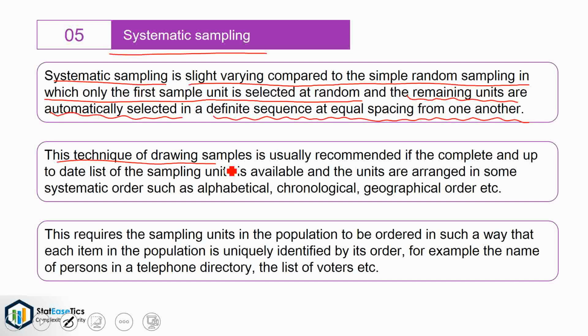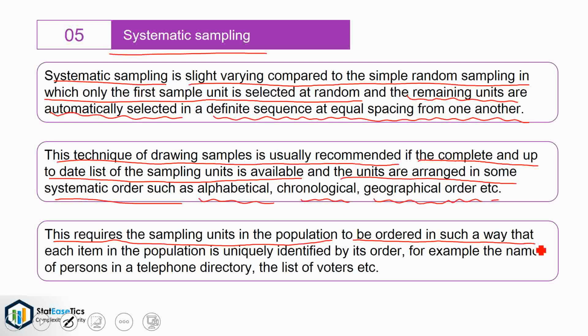This technique of drawing samples is usually recommended if the complete and up-to-date list of the sampling units is available and the units are arranged in some systematic order such as alphabetical, chronological, or geographical order, etc. This requires the sampling units in the population to be ordered in such a way that each item in the population is uniquely identified by its order. For example, the names of persons in a telephone directory, the list of voters, etc.